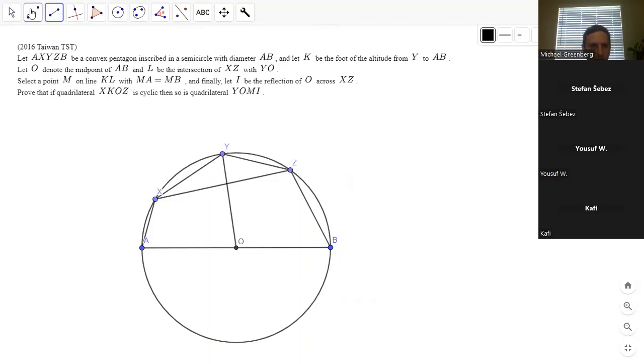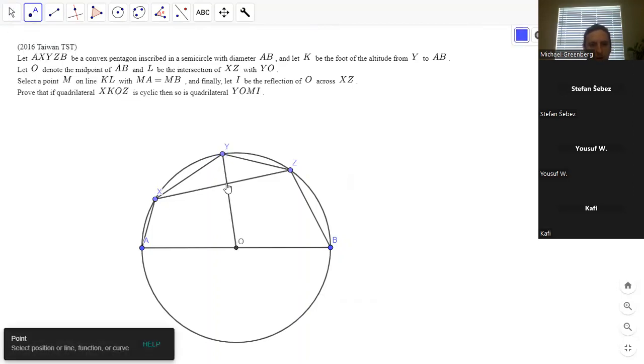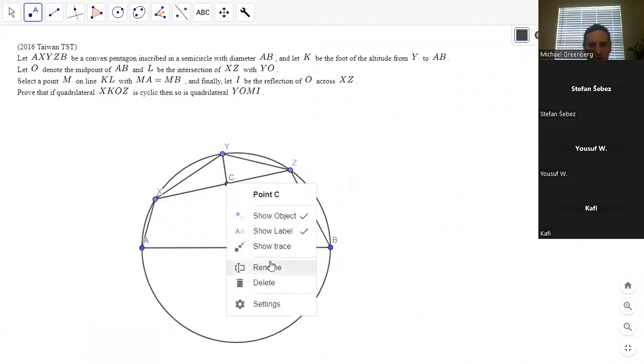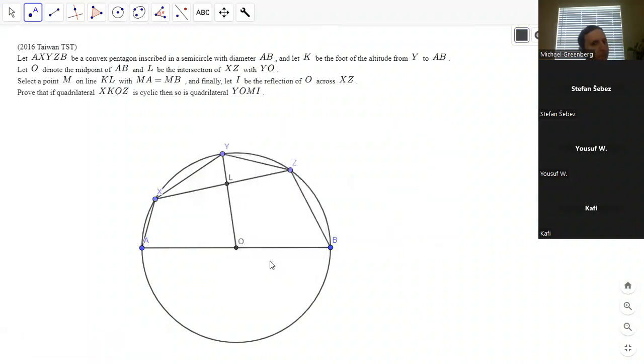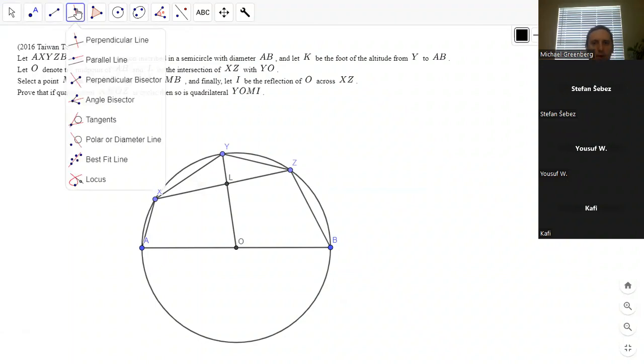That's L. M is on KL. OK is the altitude from Y to AB.